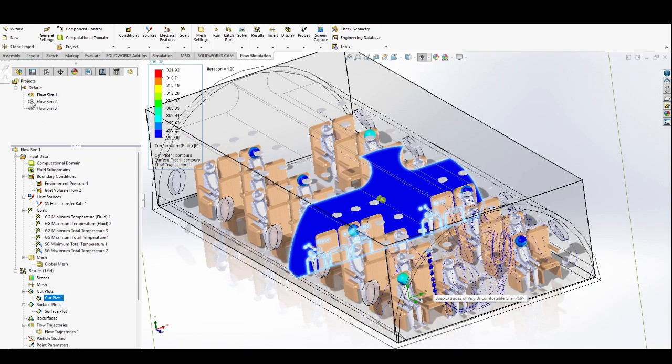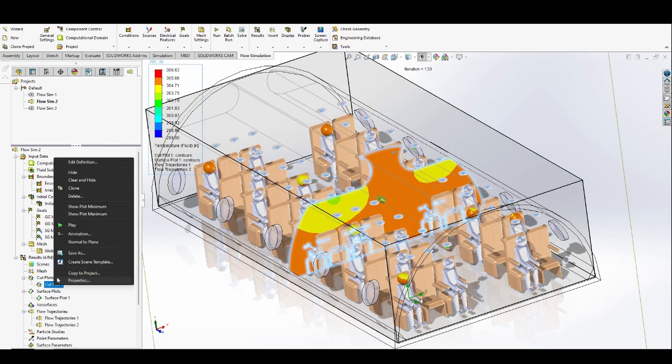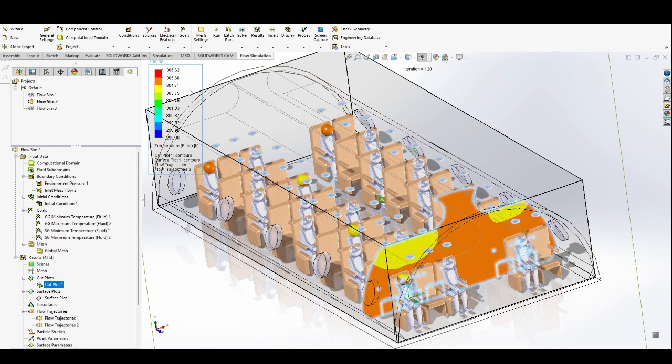So we decided to do a second flow simulation where we changed it so the initial condition of these passengers was about body temperature, and we changed it from the volume flow to mass flow to 0.02 kilograms per second. As you can see here, there's a little bit more variation in the cabin temperature as you move forward and backwards, but it's really, really warm.